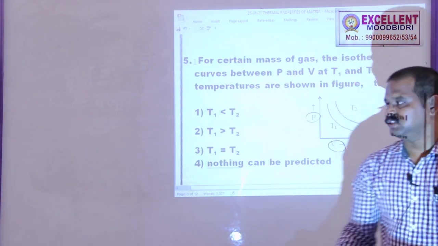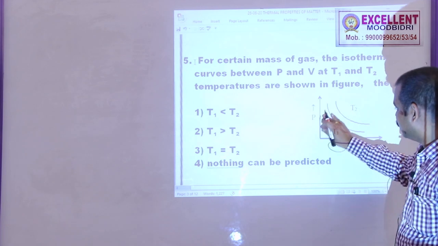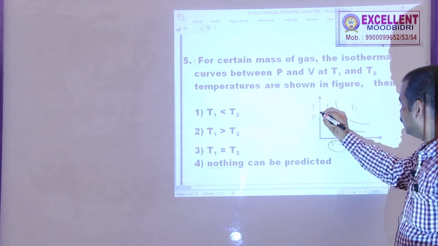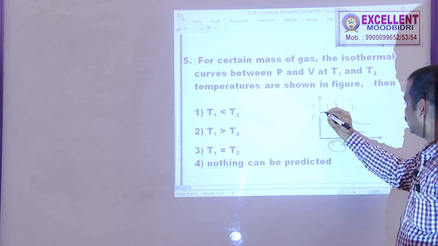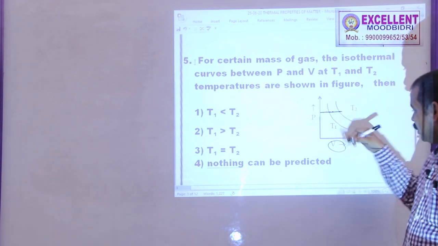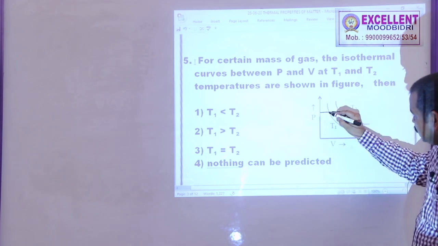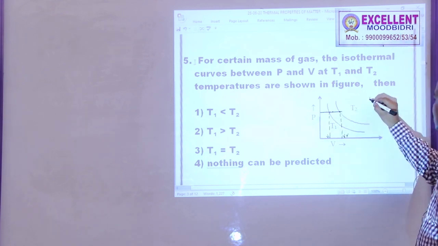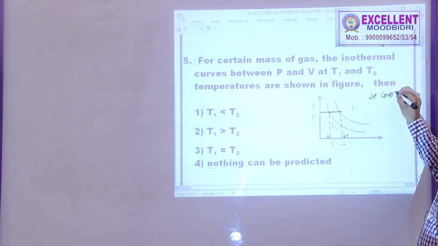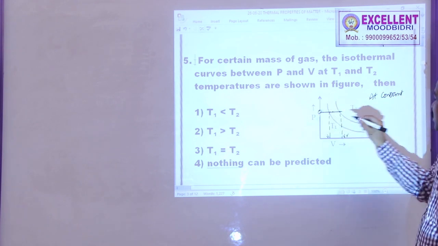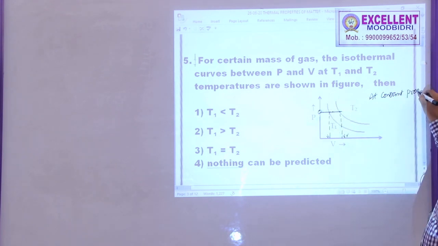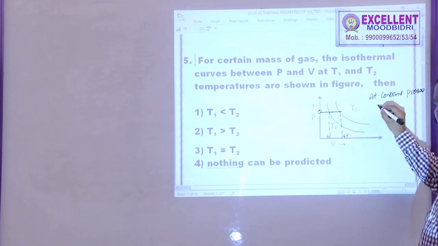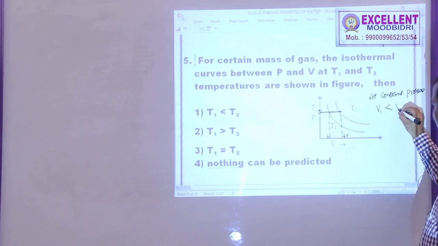To find out, let me take one horizontal line to the x-axis here. So this is a horizontal line. Here if you see, this is the volume V1 and this is the volume V2. That means at a constant pressure, you can see V1 is less than V2.